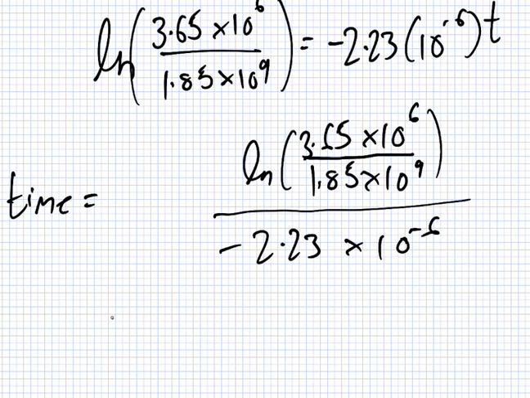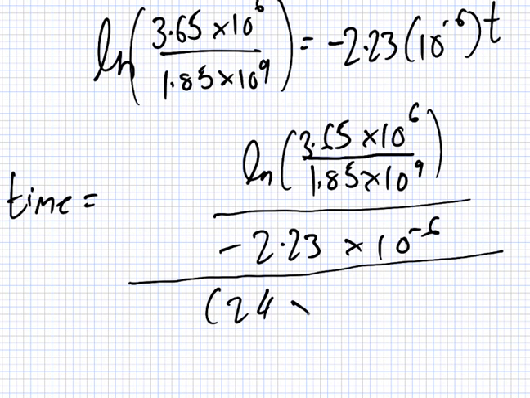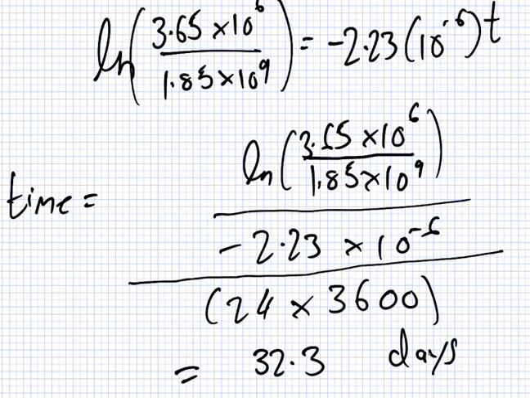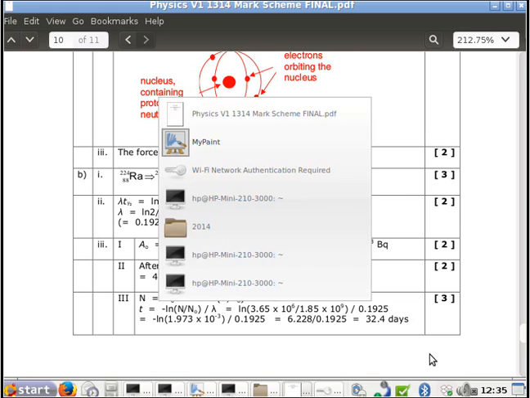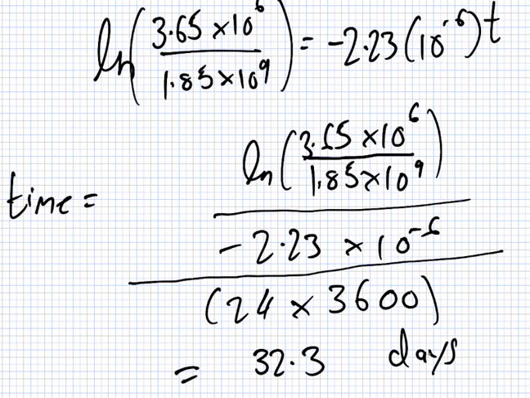We'll do the days in one step as well. This is in seconds, isn't it? So if we want it in days, we need to divide by 24 times 3,600. So what is that in days then? 32.3 days. Let's have a look at the marking scheme here. Close enough.